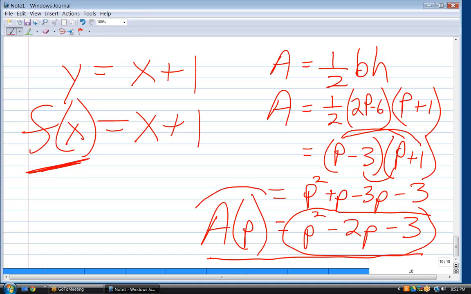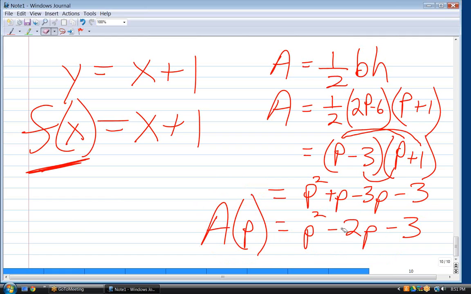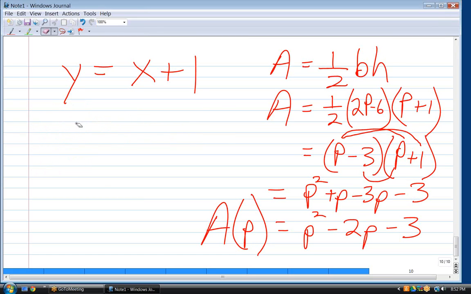So I'm going to write it A of p. That's how you would say that. And I could call that y, or I just could call it A for area. But it's a little more descriptive if I call it A of p because that tells me that my area is a function of p. Not x, not r, but p. So whatever is in the parentheses here has to be the variable that's on the other side of the equation. Same as this up here. Okay?